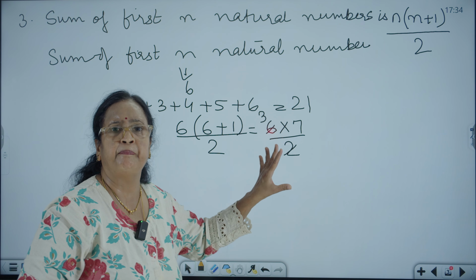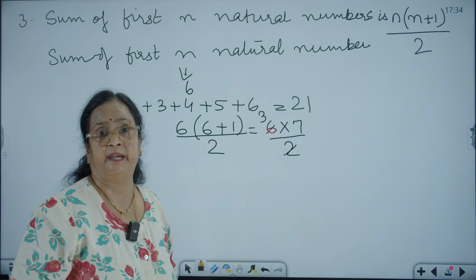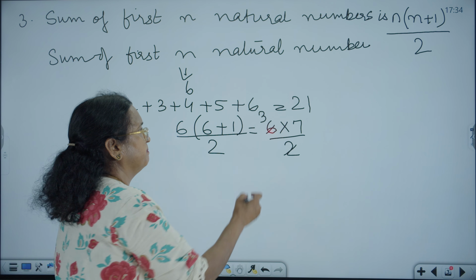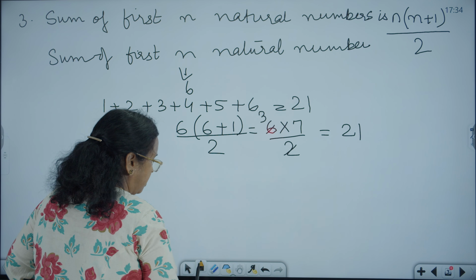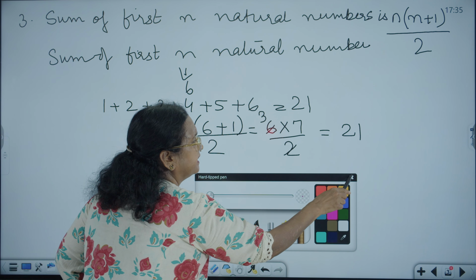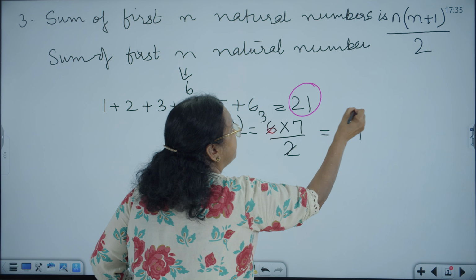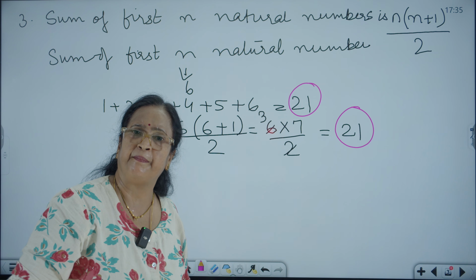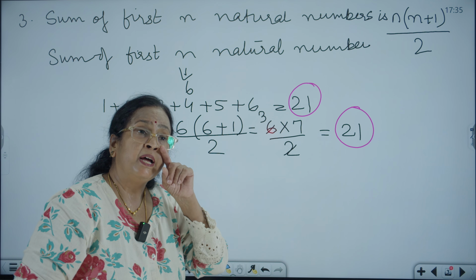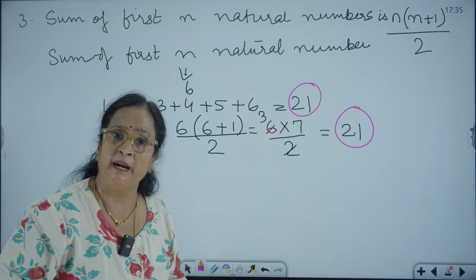Do not multiply first, it will take a long time, especially with large numbers. So, 3 into 7 is 21. Whether I do it manually or with the formula, I get 21. Both are the same.